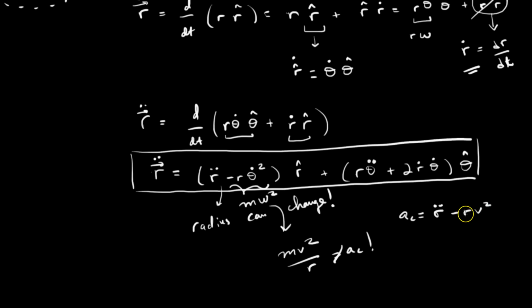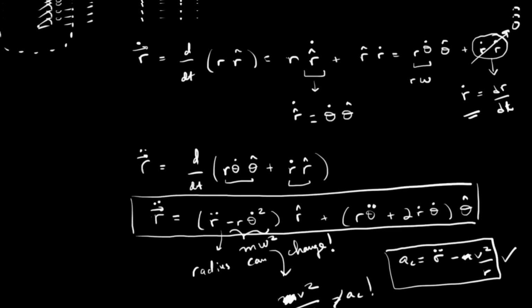Oh, sorry, it's not mv squared, it's just v squared over r. So that's the actual centripetal acceleration, taking into account the change of the radius. That's very important to know. Okay, so now let's get back to our problem.